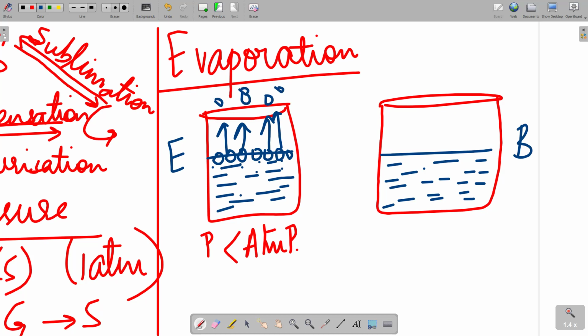But here what is happening? The vapor pressure or the pressure here is equal to atmospheric pressure. So what is happening? The bubbles here are formed, no doubt, and they are moving and crashing into one another.